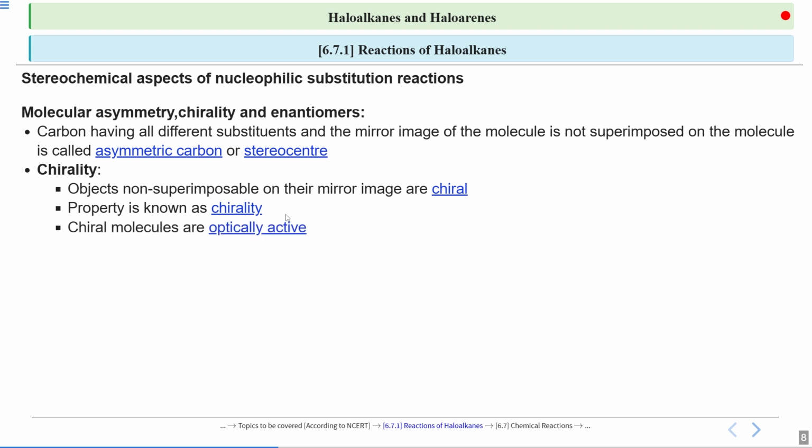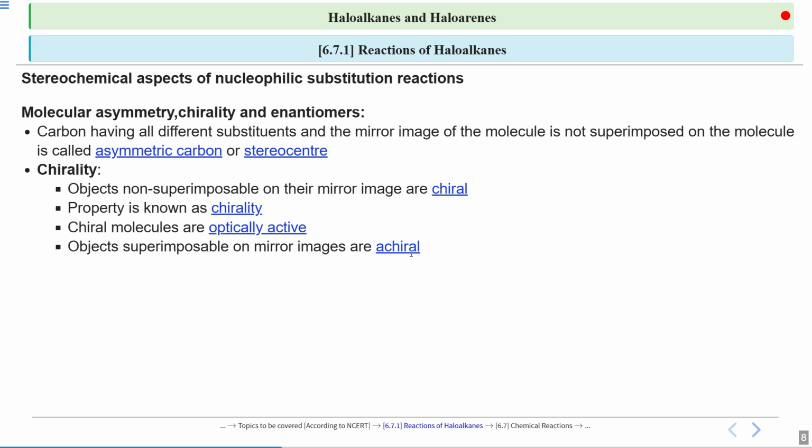Chiral molecules are optically active. That means they have the ability to rotate the plane of plane polarized light in some direction. The objects that are superimposable on their mirror image are known as achiral.